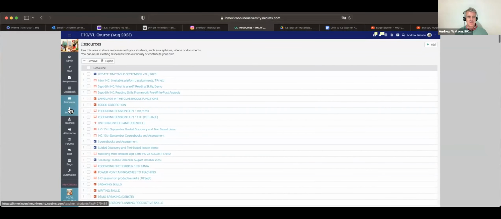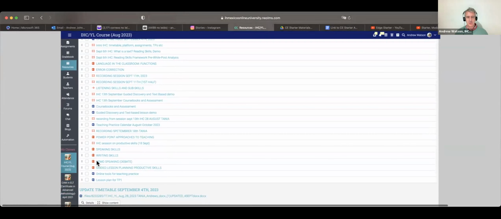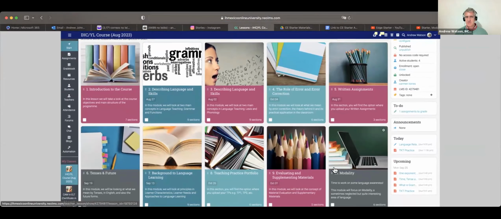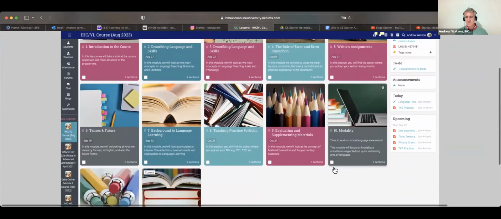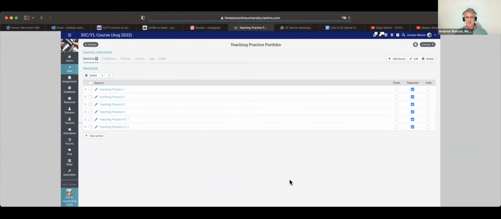Let's go up here and okay, here's your course. When you go into the platform, you see these blocks, right? Which place do you need to upload it to, do you think? In teaching practice portfolio. That's right.